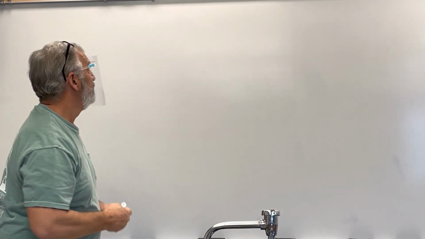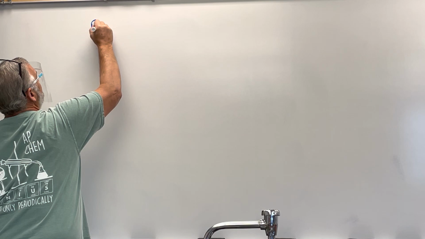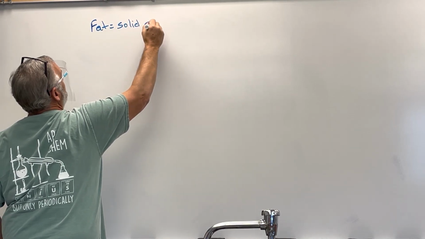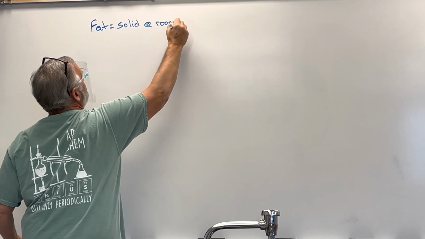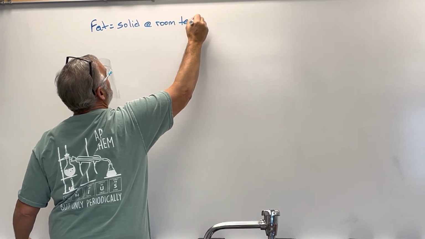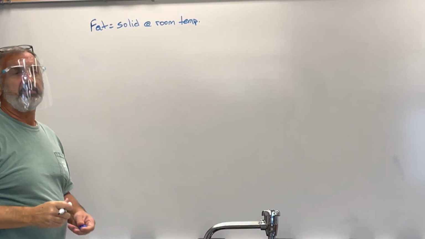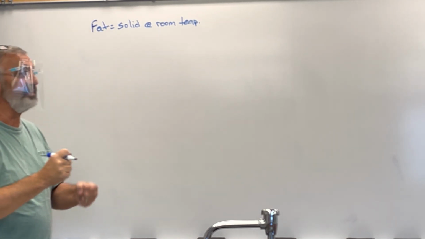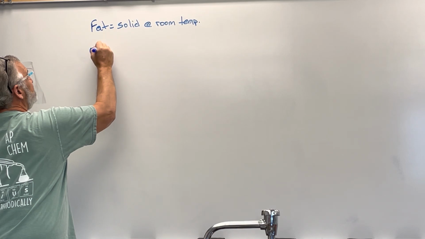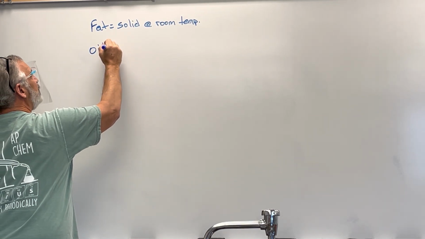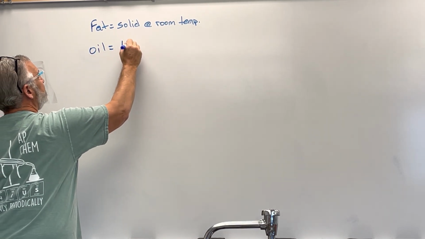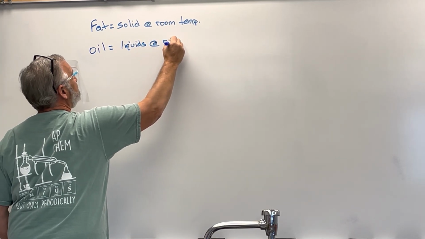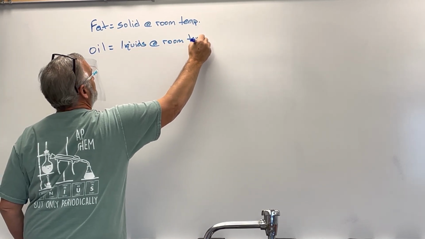A fat is going to equal a solid at room temperature, which means that the molecules attract to one another pretty strongly. So at room temperature, they're stuck together, they're a solid. Oils are the exact same kind of structure, hydrocarbons, but they tend to be liquids at room temperature. That's the only difference between the two.